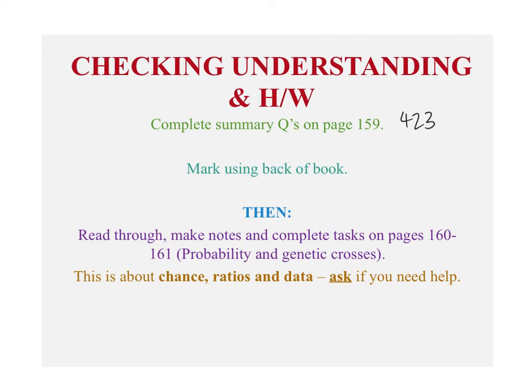So you're going to be completing the summary questions on page 159 if you've got the year 2 book, or page 423 if you've got the double years book. Mark it using the back of the book, and then have a read through and make notes and complete all of the tasks on page 160 to 161.